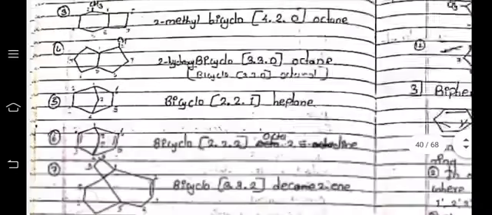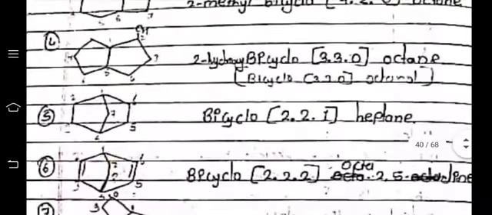So now we are on example number 4, having three-carbon bridge ring systems. So this is all about the bicyclo compounds. Numbering starts from the bridge carbon atoms.